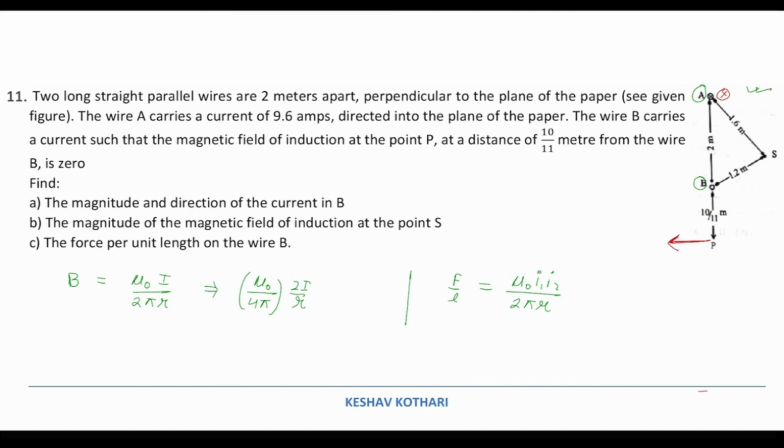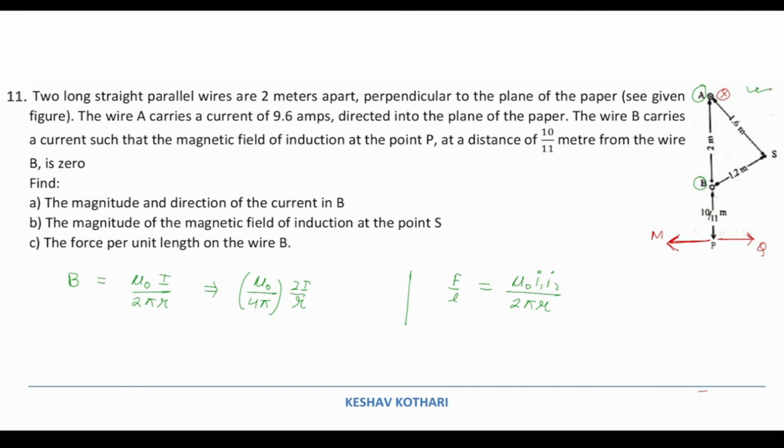I am calling it PM. Now, in order to nullify this magnetic field, wire B must be carrying current in the upward direction so as to cancel the magnetic field due to A at P, and hence it will produce a magnetic field in this direction, represented by the vector PQ.